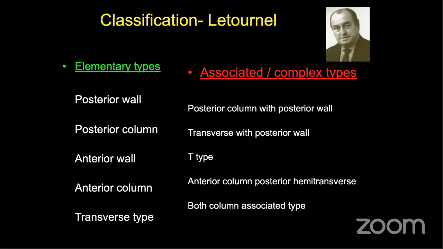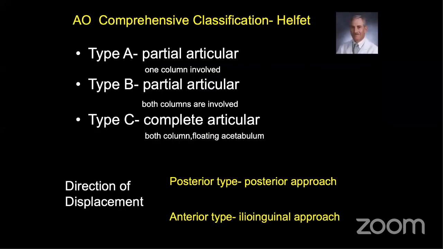So you have posterior column with wall, transverse with posterior wall, a T type, an anterior column with posterior hemitransverse, and the associated both column type. You also have the AO classification, where a type A is partial articular with one column involvement, type B is both column involvement, and a type C is a complete articular.